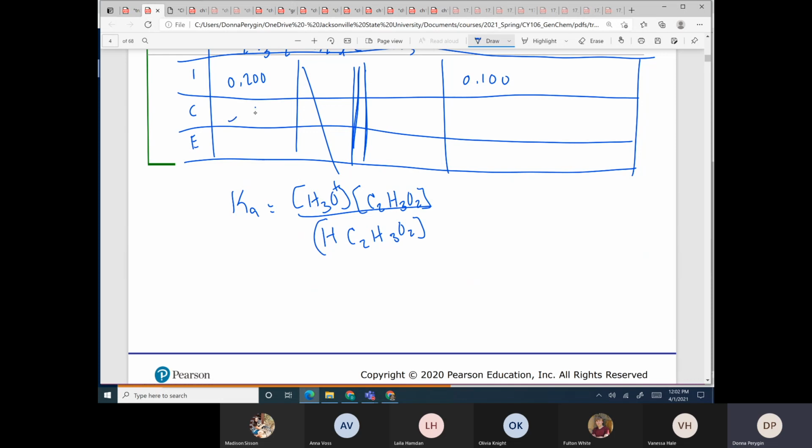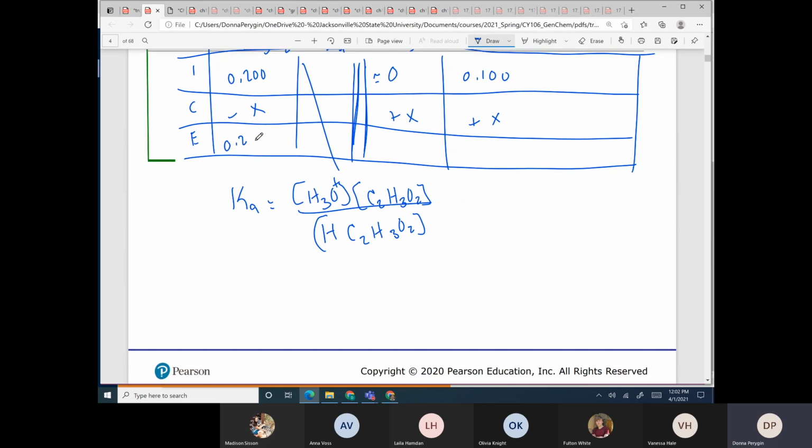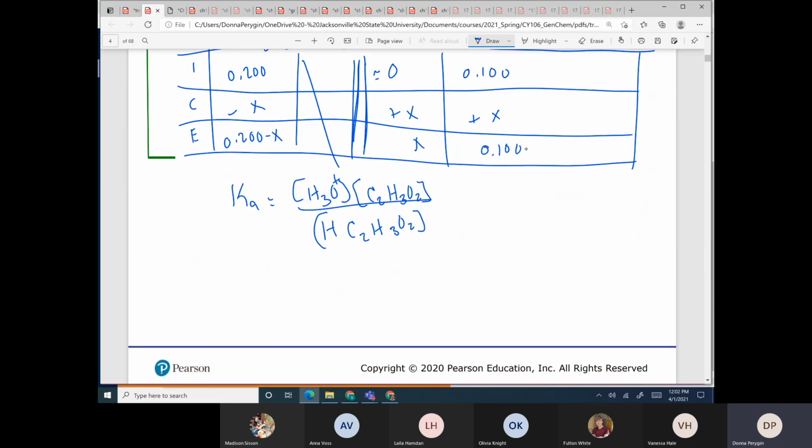It's going to be minus X, plus X, this was approximately 0, and plus X. So that's 0.200 minus X, and we've done this a lot, 0.100 plus X.